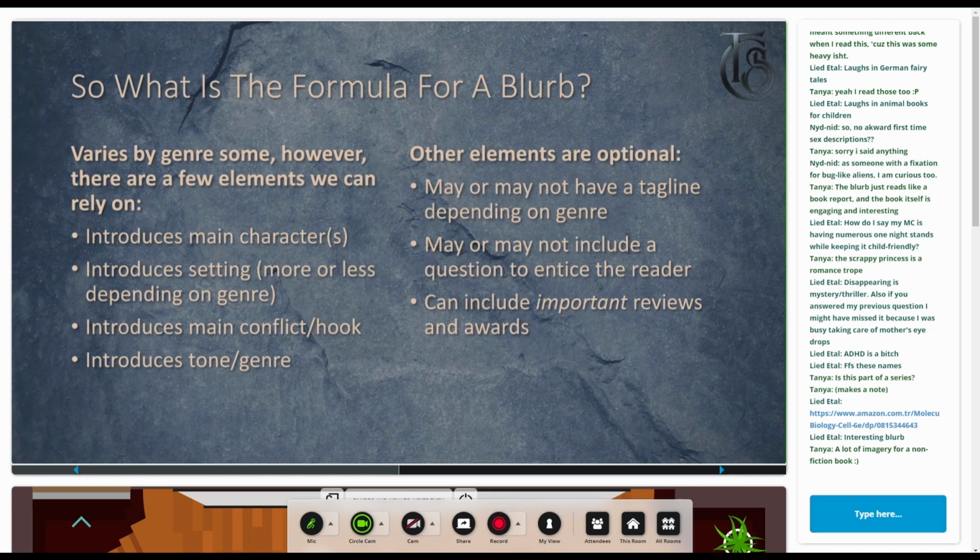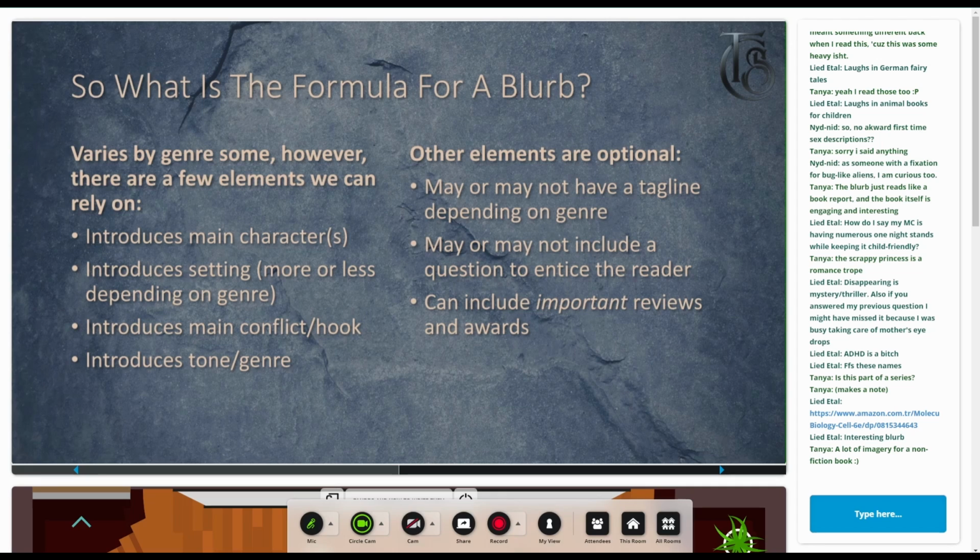So as a result, you're going to need to make sure that the tone of your blurb, which means, is it happy, is it dark, is it suspenseful, is it romantic, is going to have to match the tone of the book.